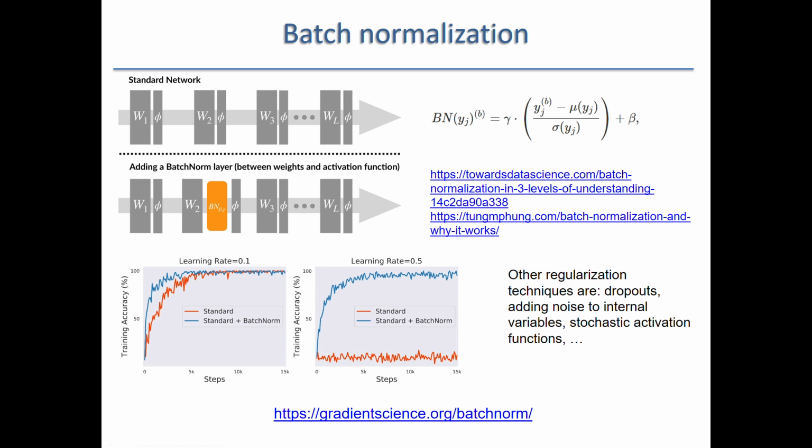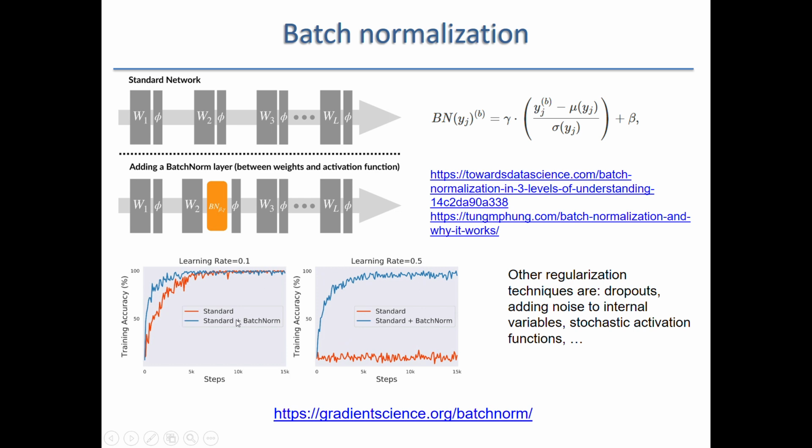And here you have how the accuracy, for instance, changes. In the standard learning, the training accuracy improves, but the test accuracy does not improve, and that is a clear indication of overfitting. And here we have used this learning rate, here a different learning rate, and batch normalization. So it is independent of the learning rate.